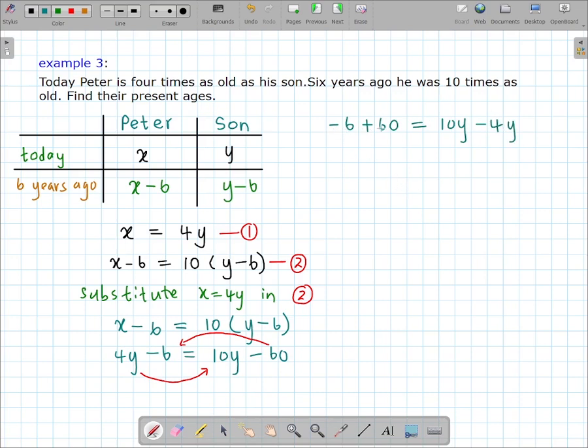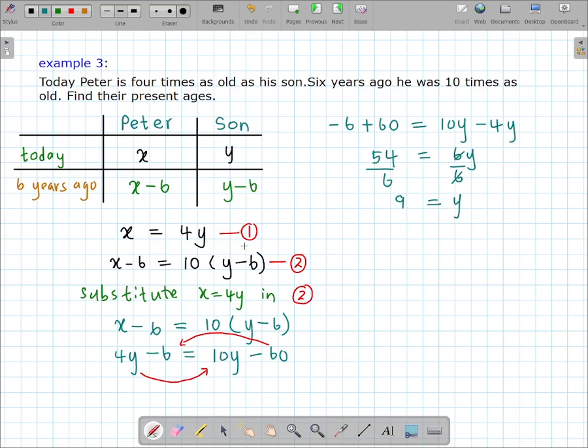Minus 6 plus 60, that is 54, equals 10y minus 4y, that is 6y. Then both sides divide by 6. 6 get cancelled. y equals 54 divided by 6, that is 9.